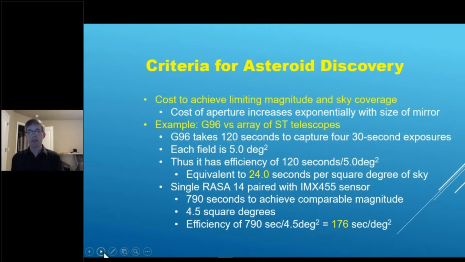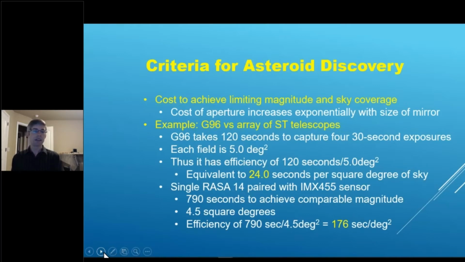Now, if we wanted to have an array of modest-sized aperture telescopes, let's start with just one of those telescopes. A single RASA 14 paired with an IMX455 should reach comparable magnitude in 790 seconds. We said G96 will reach its magnitude in a 30-second exposure, because again, those exposures are not stacked.